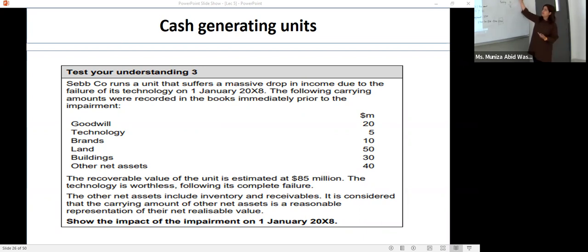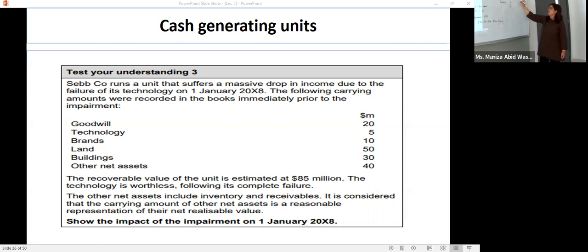So how are we going to set it against brands? 45 million divided by 90 multiplied by 10. How much will be there for brands? 45 divided by 90 multiplied by 10. Right. 5, that is impairment.